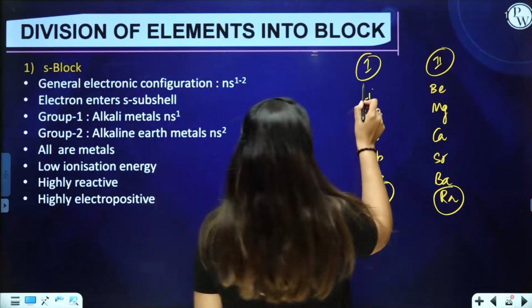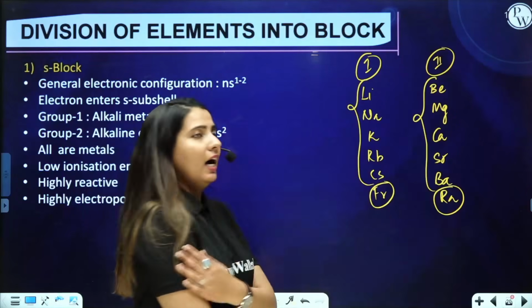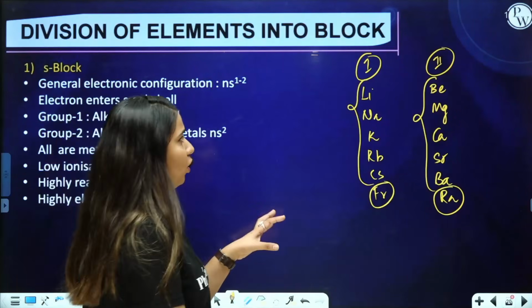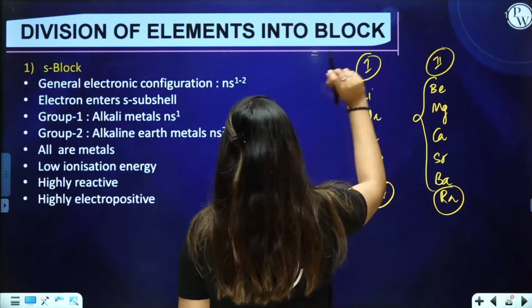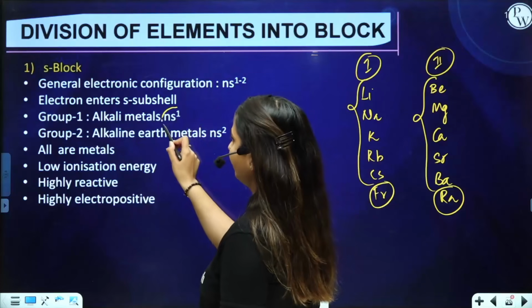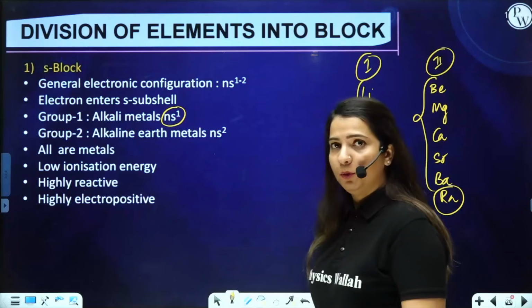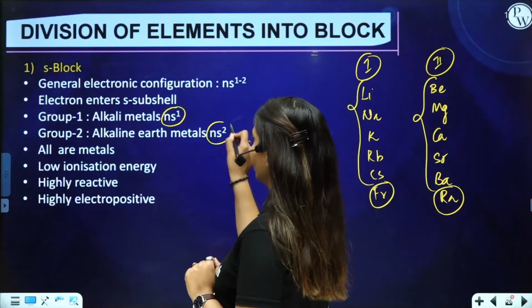So you need to understand or remember the properties of all these elements which come under the S block. The first group is called the alkali metals, having the general electronic configuration ns1. Group 2, the alkaline earth metals, has the general electronic configuration ns2.